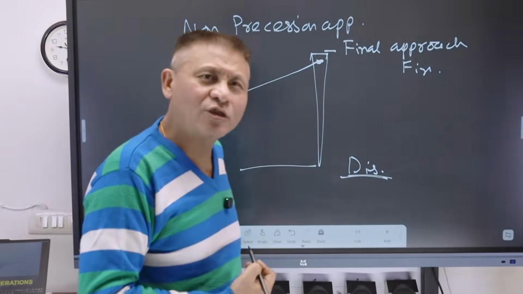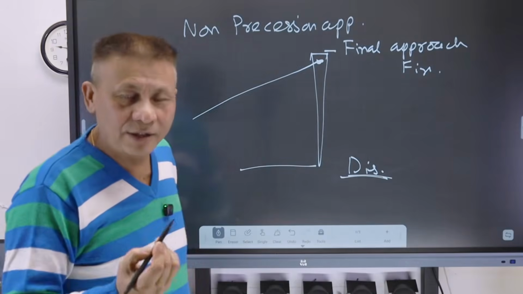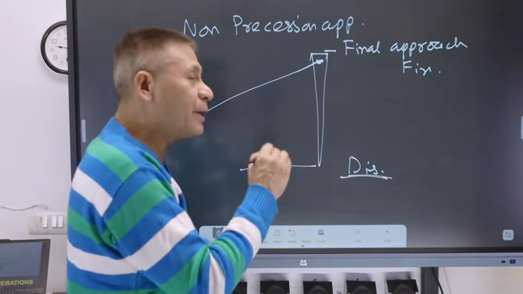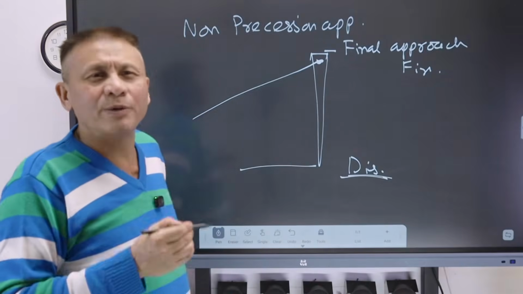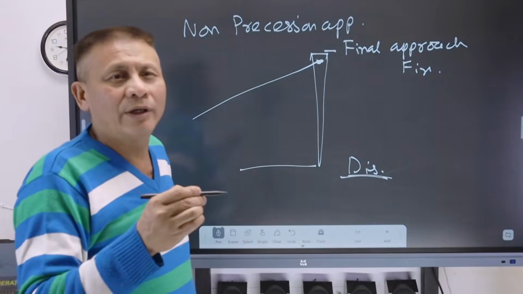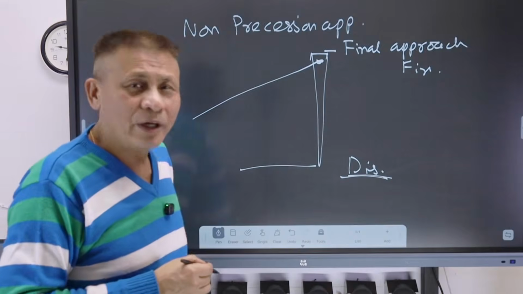So the significance of minima is that when we compare the actual weather at the aerodrome with the minima printed for a precision approach and the non-precision approach, at all times your actual weather should be above that. So let me say it once again.